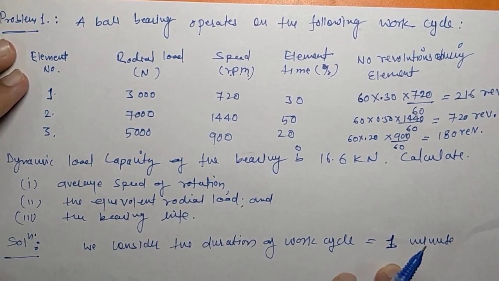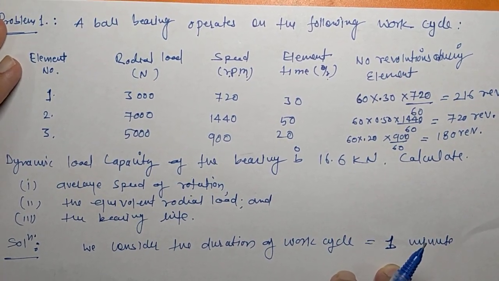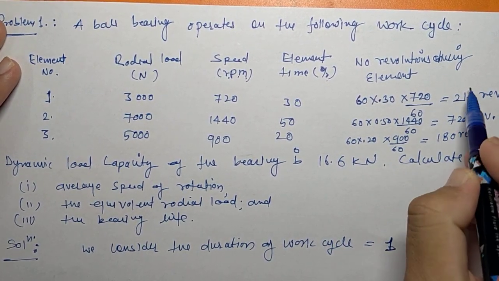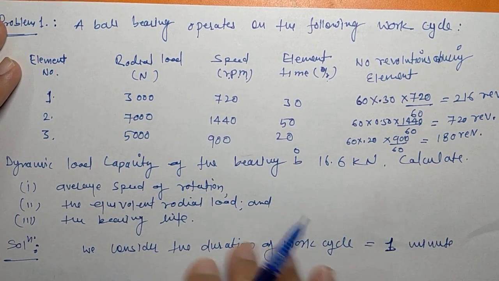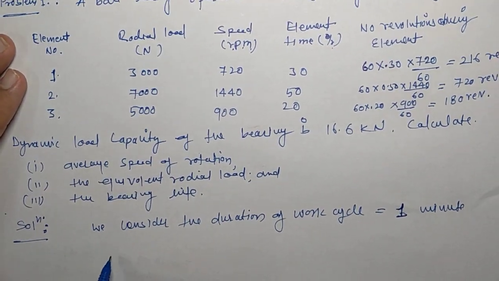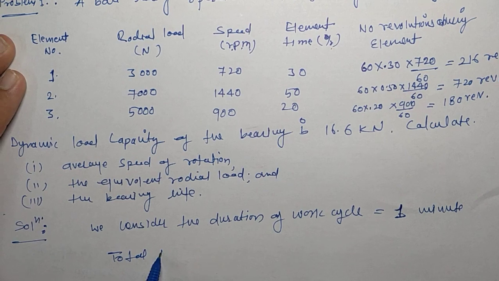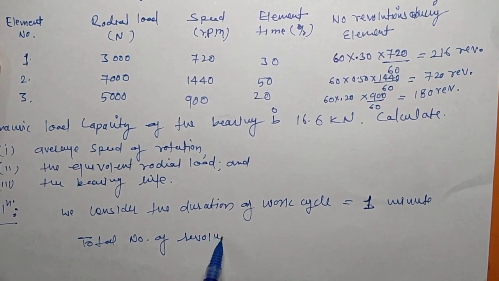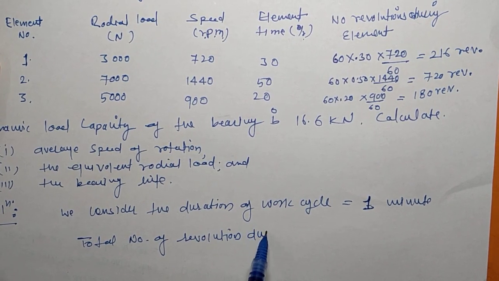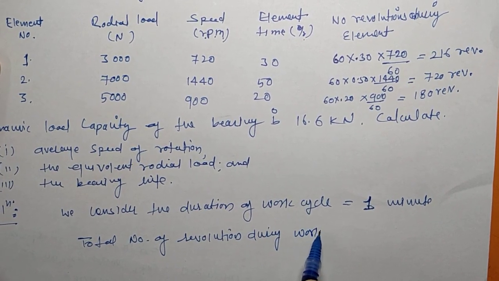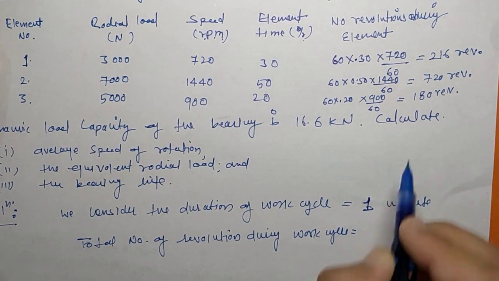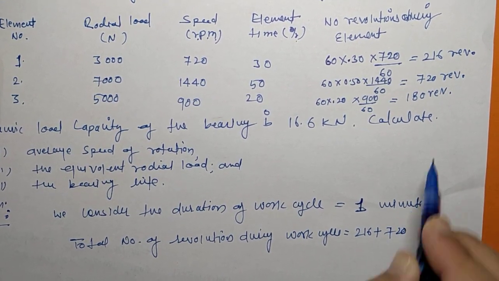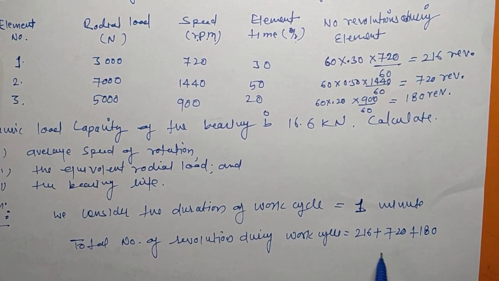If we add up the number of revolutions during all elements, the total number of revolutions during the work cycle is 216 plus 720 plus 180.